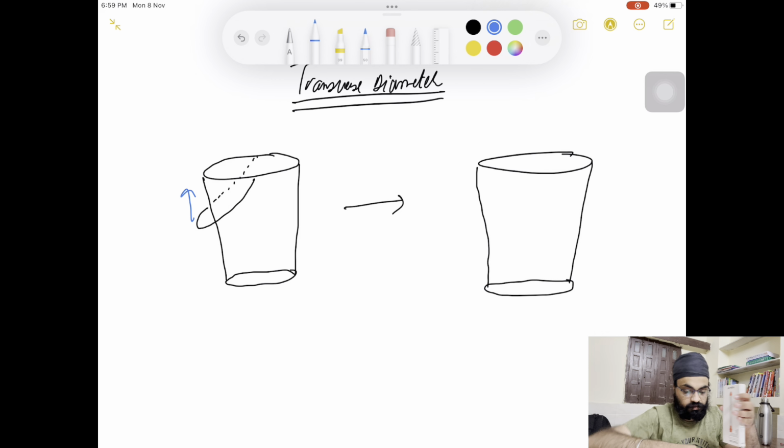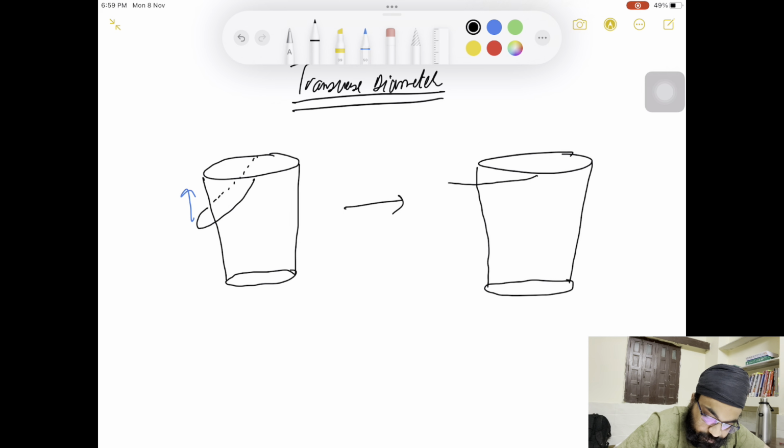Now I'll explain the same thing over here. You can also experiment with this at home and check that when you are lifting the handle, this diameter increases.